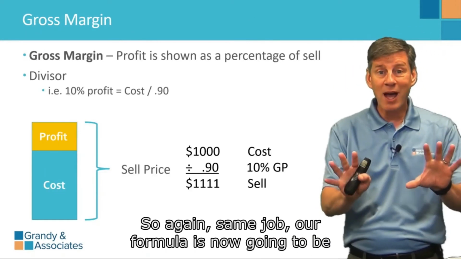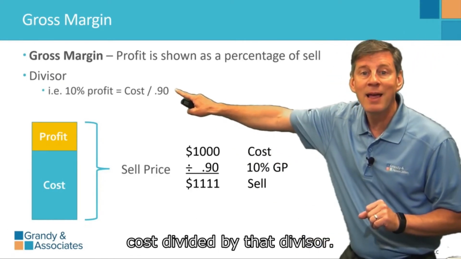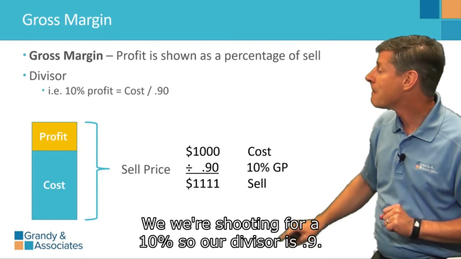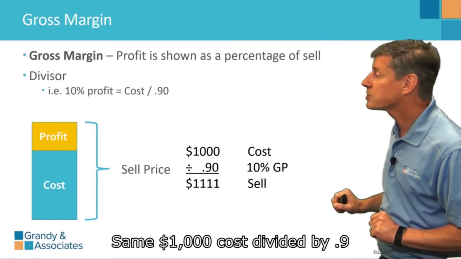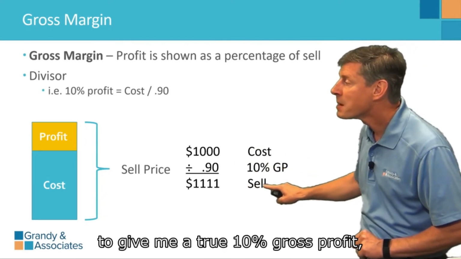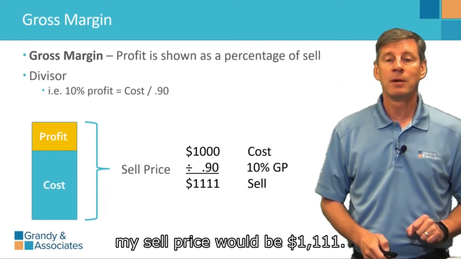So again, same job, our formula is now going to be cost divided by that divisor. We were shooting for a 10%, so our divisor is 0.9. Same $1,000 cost divided by 0.9 to give me a true 10% gross profit. My sell price would be $1,111.